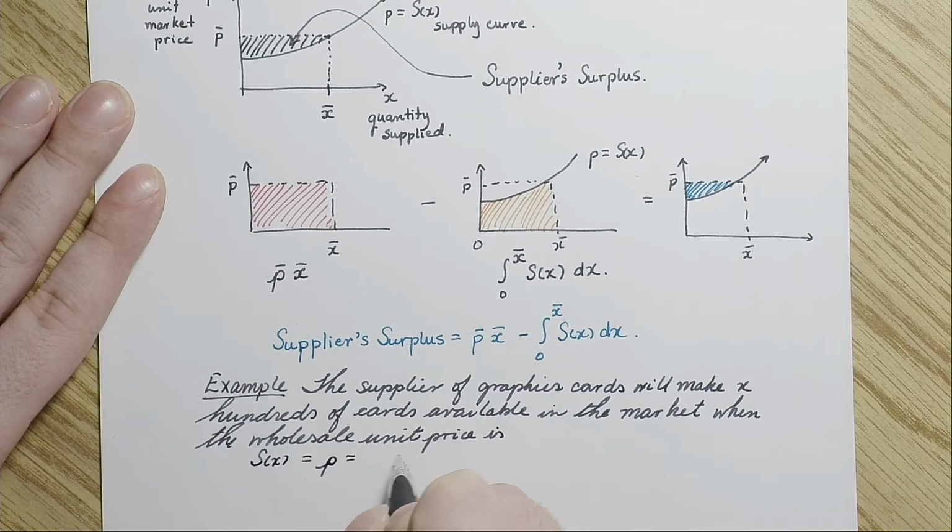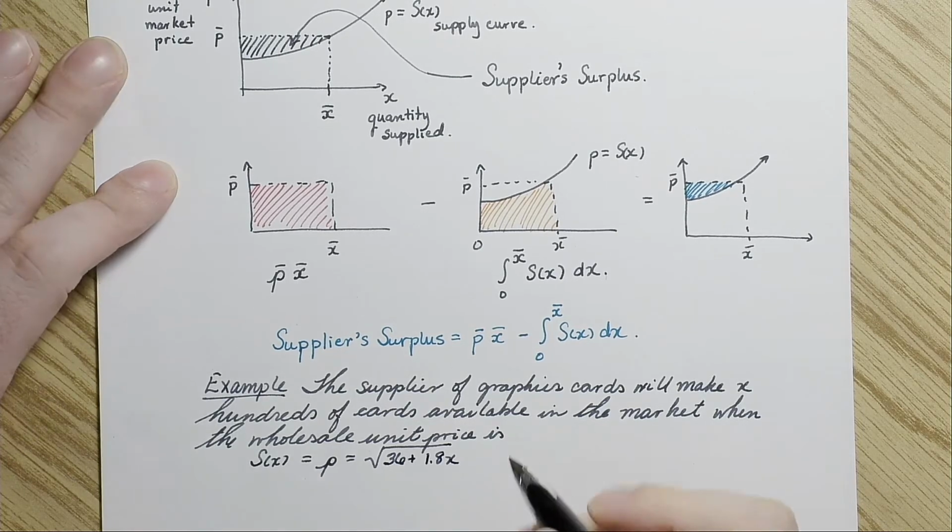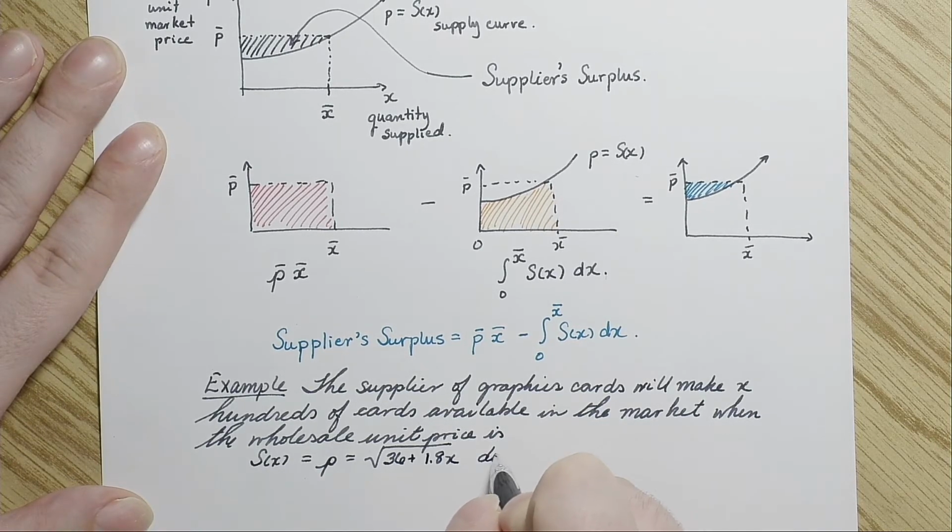So P is equal to the square root of 36 plus 1.8x. This is in dollars.